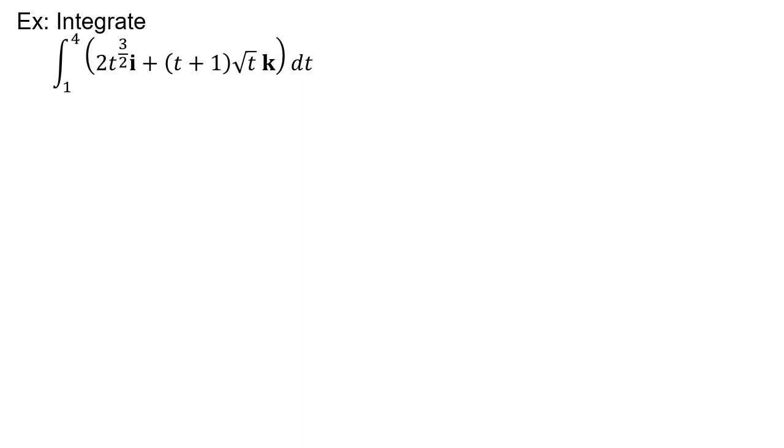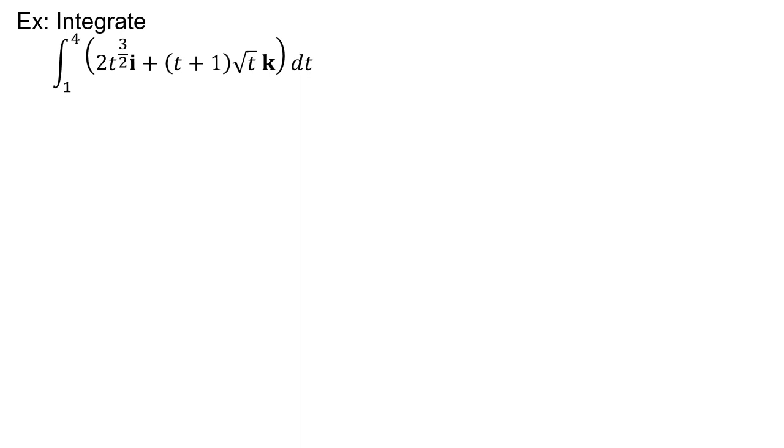Let's try another one. This one has an i component and a k component, no j component. Don't forget from Cal 2 that if you integrate 0, you get 0. You don't get a constant. So we're not going to end up with a C in any of this stuff.